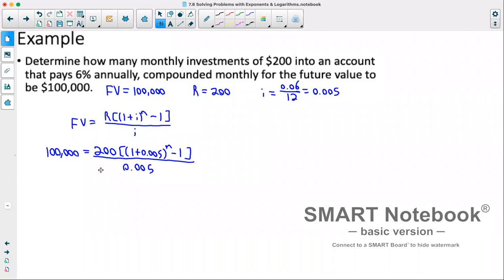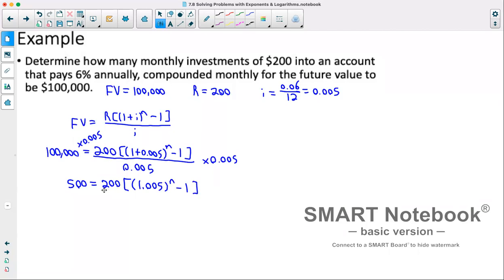Now, the first thing I would do is get rid of this fraction by multiplying both sides by 0.005. So that gives us 500 is equal to 200 times 1 plus 0.005, might as well add these together, so 1.005 to the power of n minus 1.